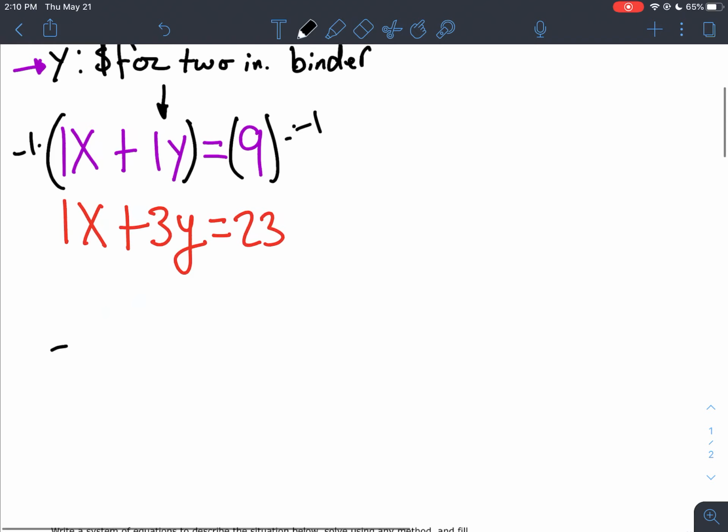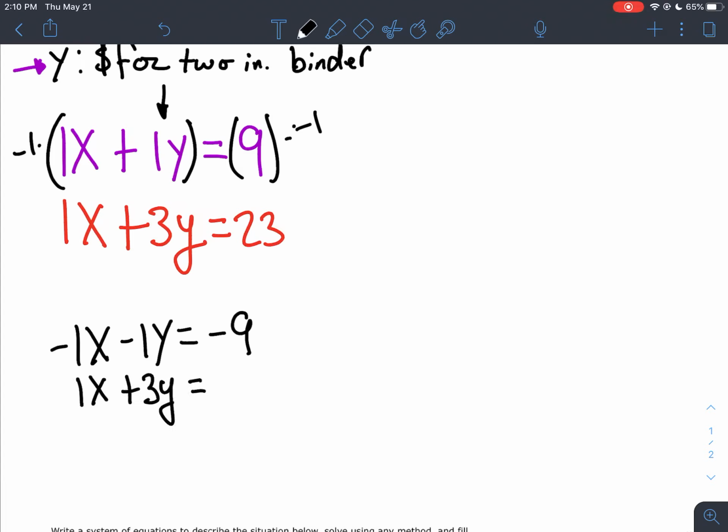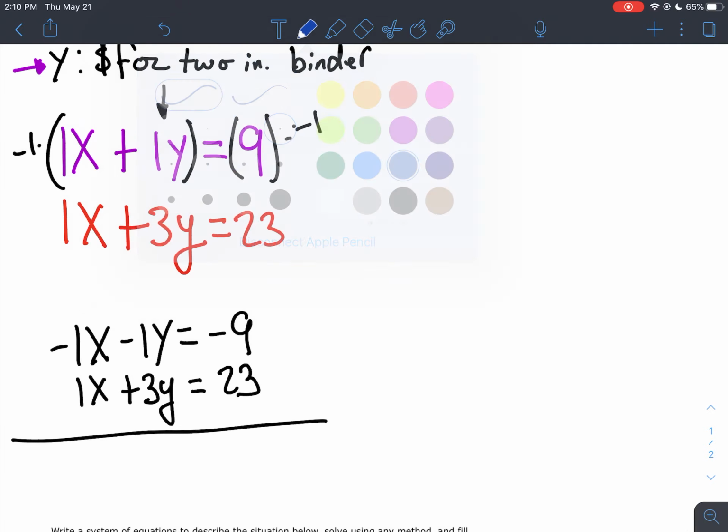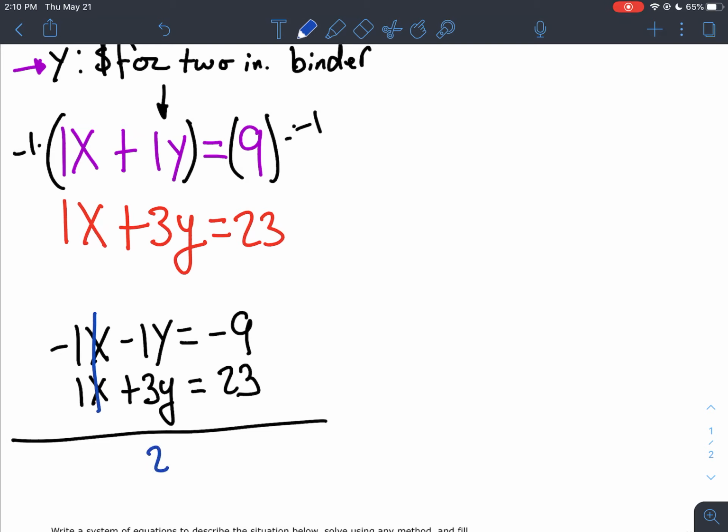And that's going to give us a -1x minus 1y equals -9. And the bottom we didn't touch, so we're just going to copy that down. 1x plus 3y equals 23, and we can add right down the line. Our x's are going to cancel each other out. Our y's, we're going to be left with 2y equals 14. And then we can solve for y by dividing by 2.